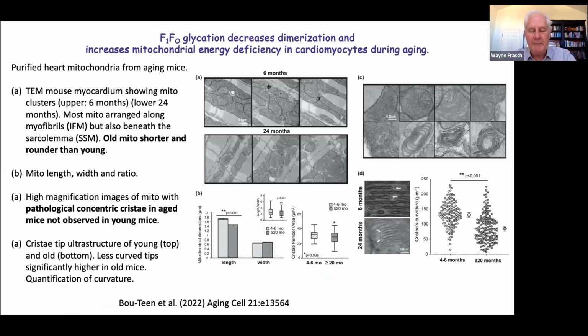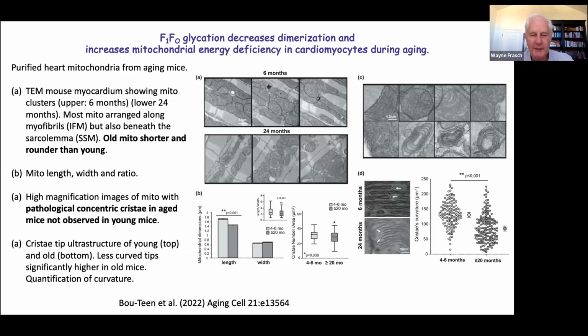Okay, so subsequent to Werner Kühlbrandt's studies, there has been this other study that came out where they also looked at the function of aging mitochondria with F1FO, and they went to much older mice, very close to the end of the lifespan, and so they were able to capture in the heart mitochondria the aging that occurred.